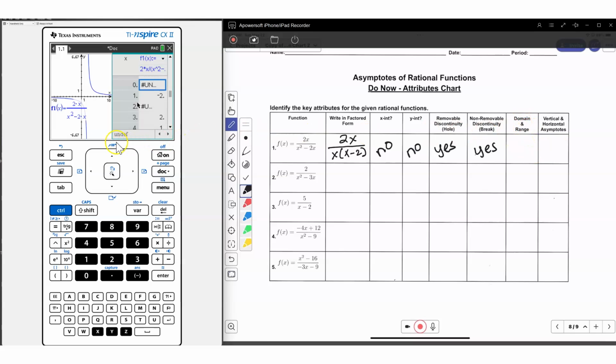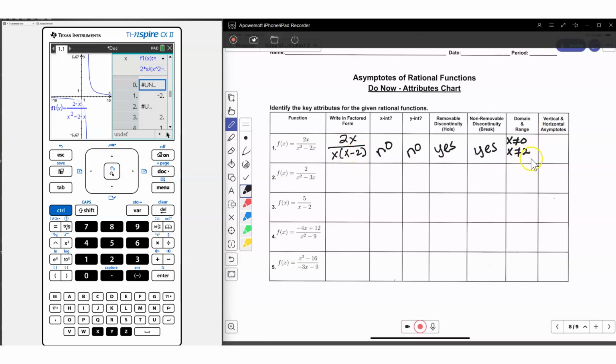Domain is actually what are the x values that we can use in the equation. Obviously, the only number that we can't use is 0, because you can't have a 0 denominator. And you also cannot use 2, because if you type in 2 minus 2, you get 0, a 0 in the denominator.